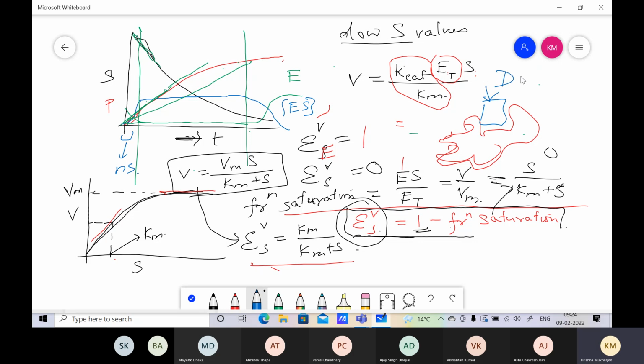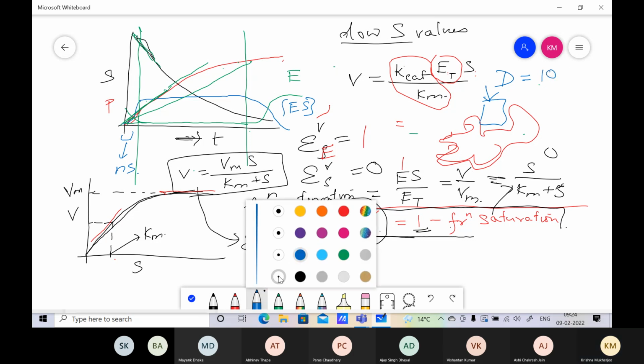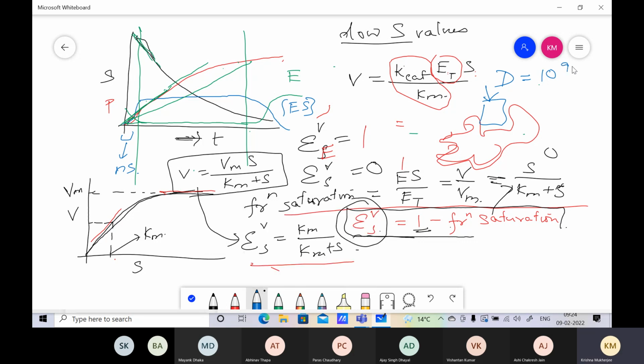And what are the typical diffusion constant values? Do any of you have any idea? Unlikely. It is approximately 10 to the 9 units, M-1 second-1, most.